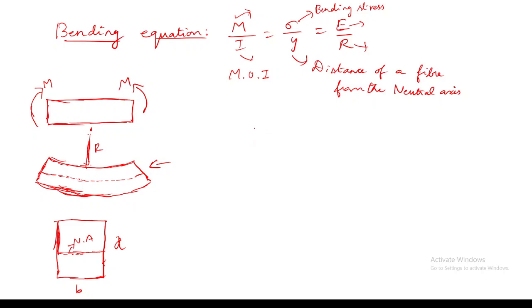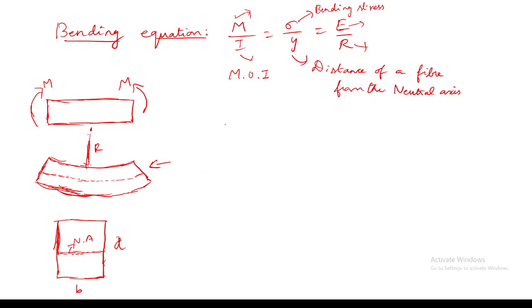So can you say when it coincides with the centroidal axis? For symmetrical sections of beams, yes, we can say the neutral axis coincides with the centroidal axis.